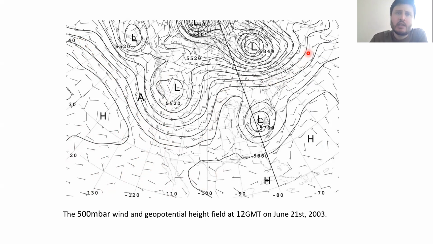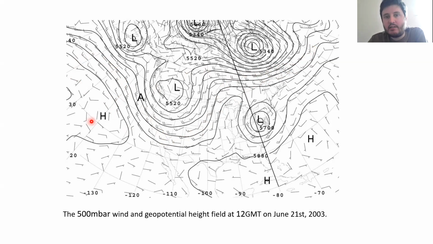This is what is called the geostrophic wind, and we will see its definition. Basically, the geostrophic wind is the wind that follows the isohypses of geopotential height to a high approximation.